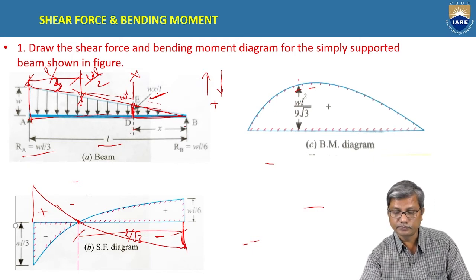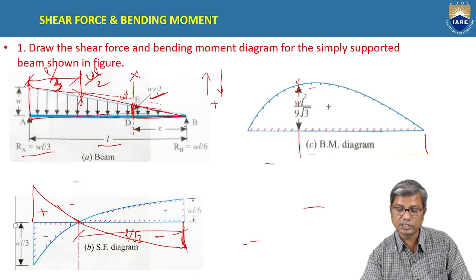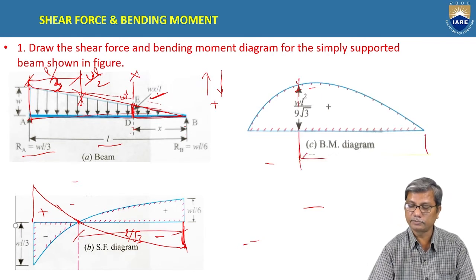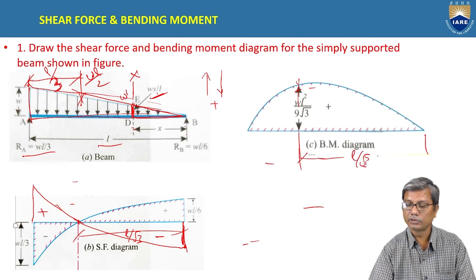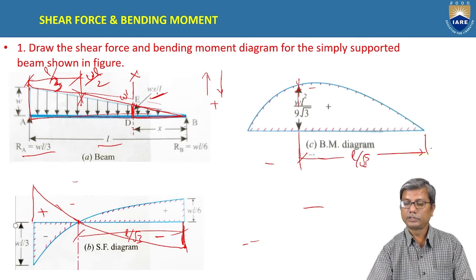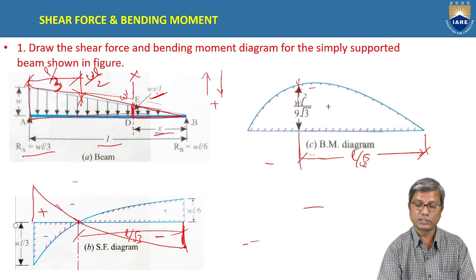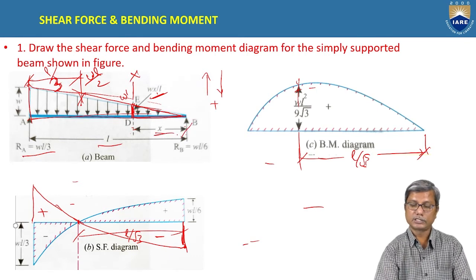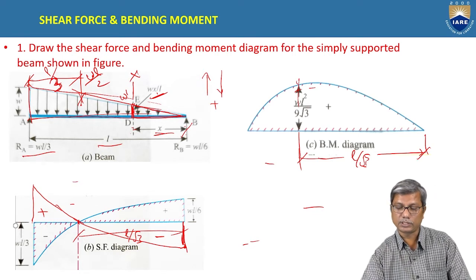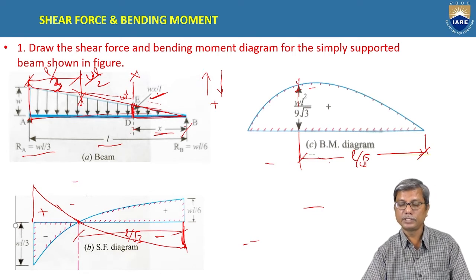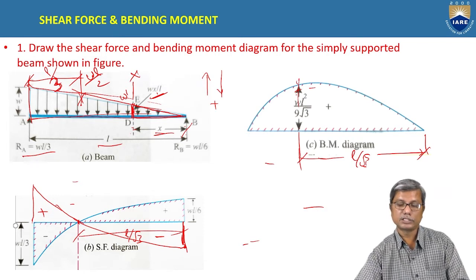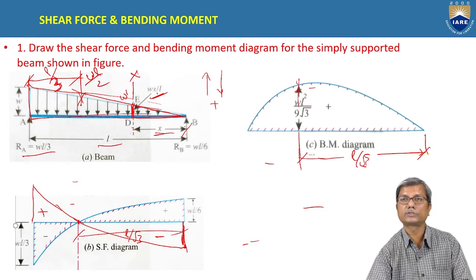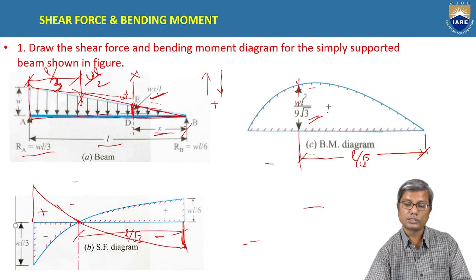And the bending moment diagram you can see here. The distance is measured from end B, because the origin for x is taken from B. So the distance x is measured from B, L by root 3. At L by root 3 from B, the bending moment is maximum, and that is equal to WL square by 9 root 3. You can see this.